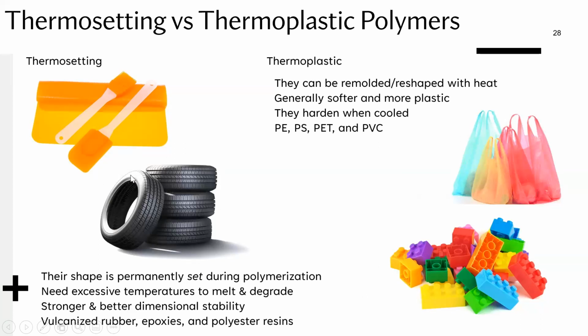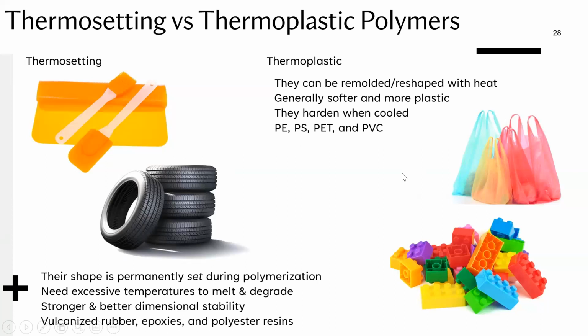You don't want them to reshape every time that you heat them up to 70, 100 C. And the tires of your car, you can imagine the huge amount of friction they have to basically resist when driving. So these have to also maintain their shape through these extreme conditions. So vulcanized rubber, a lot of the epoxies, resins that you cast, polyester resins, they're all thermosetting materials.